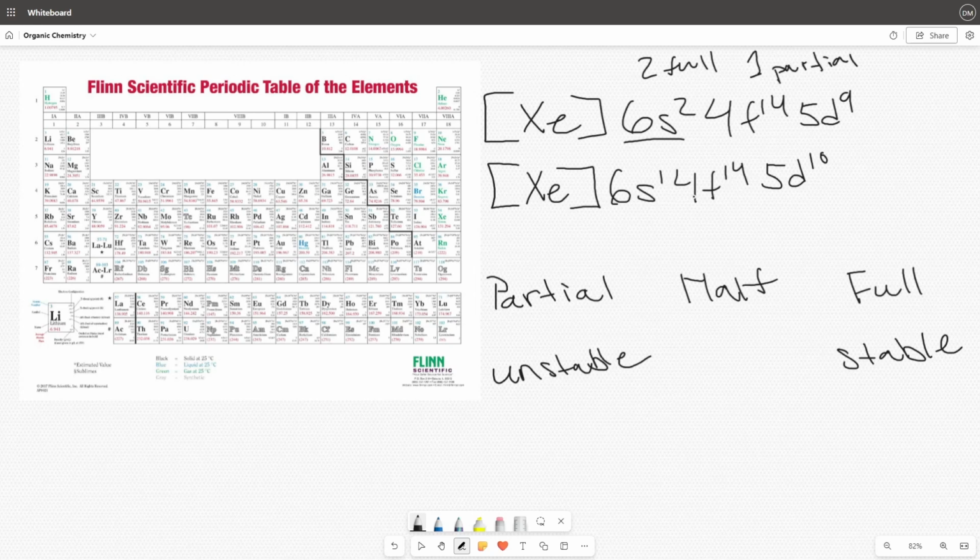For the second case, you're going to have 2 full, the 4f and the 5d, and 1 half. Note that the maximum capacity of the s block orbital is 2. So therefore, having 1 electron here would make it half full. So in this case, you can see that the overall stability of this electron configuration is better than this one up here.